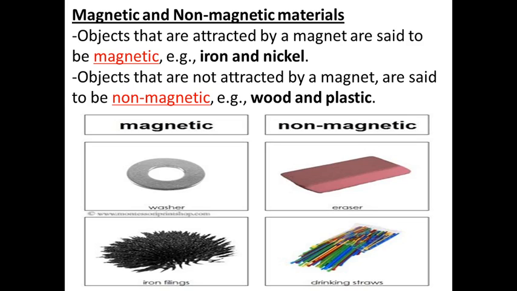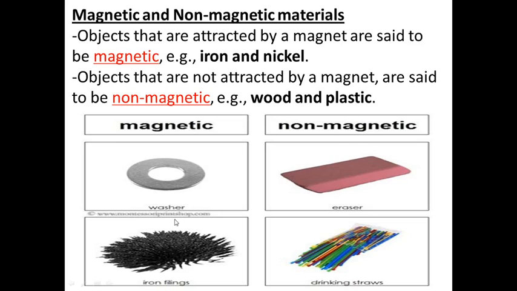Opposite to that, objects that are not attracted by a magnet are known as non-magnetic materials, like wood, plastic, rubber and clothes. They are not attracted by the magnet, and that's why those materials are known as non-magnetic materials. You can see here the examples of magnetic and non-magnetic materials.